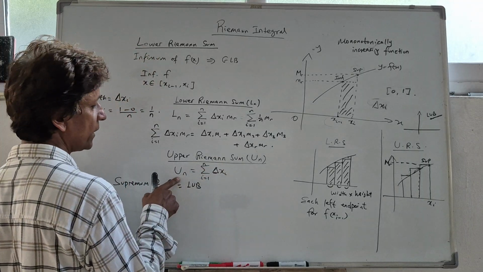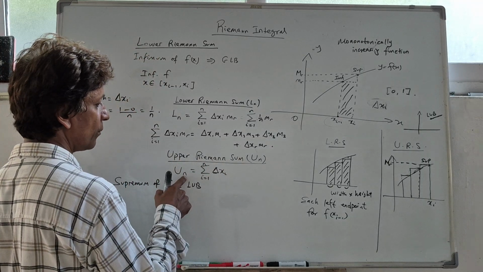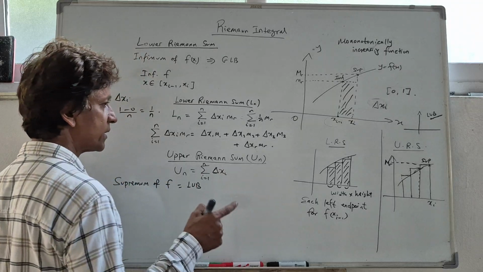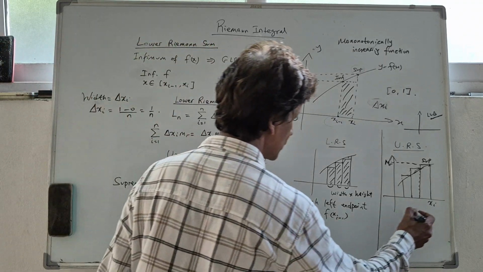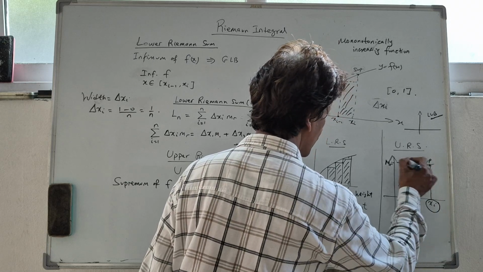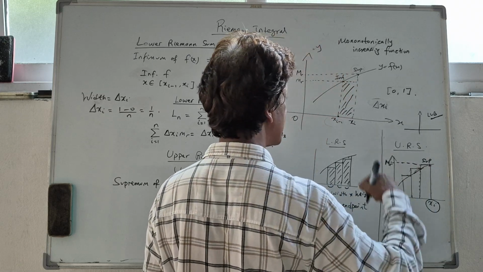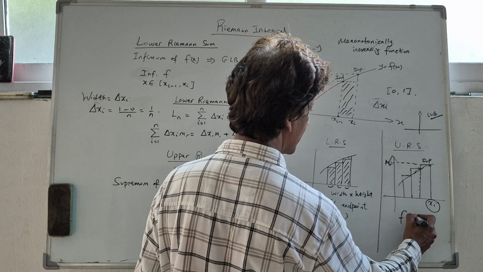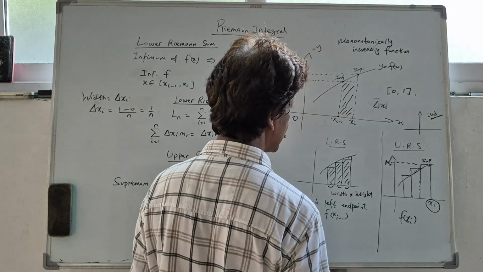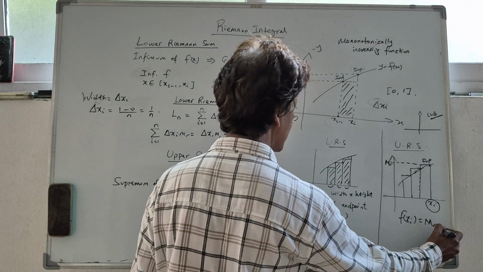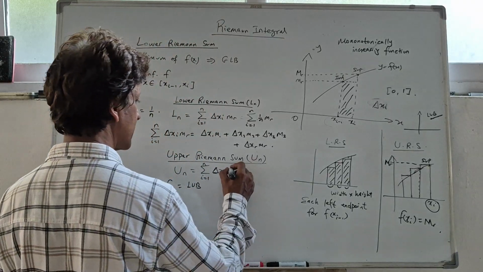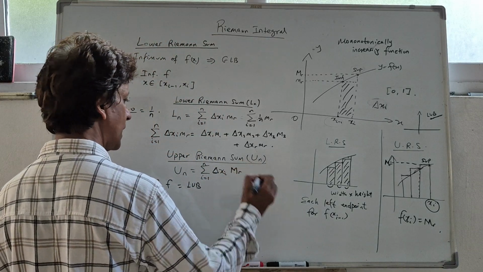We calculate the upper Riemann sum as the lowest upper bound times the width. And the lowest upper bound is this value here. This value will be substituted into f(x), and that's going to give you this value, capital MR. So we're going to multiply this by capital MR.